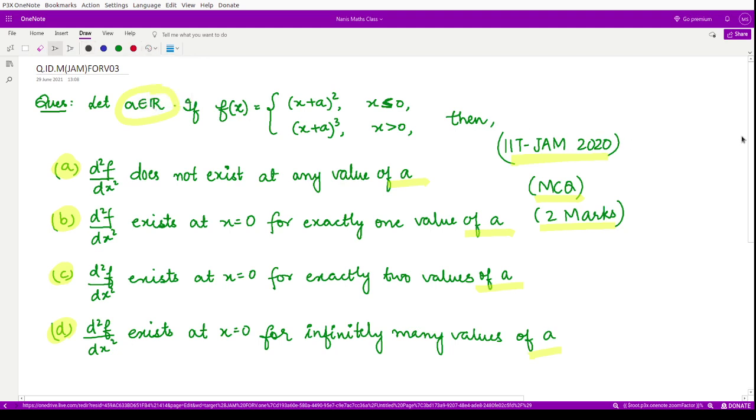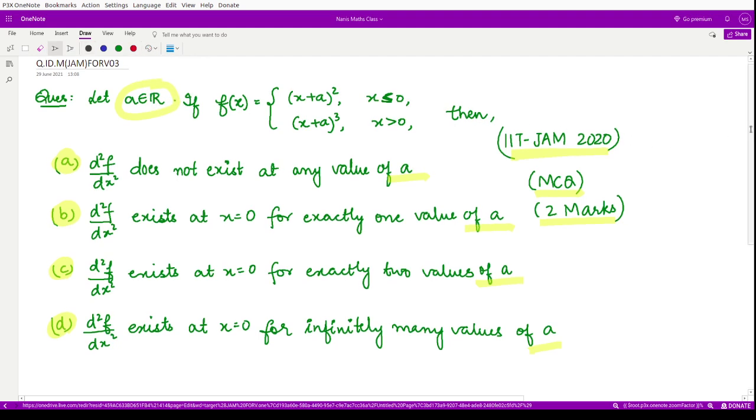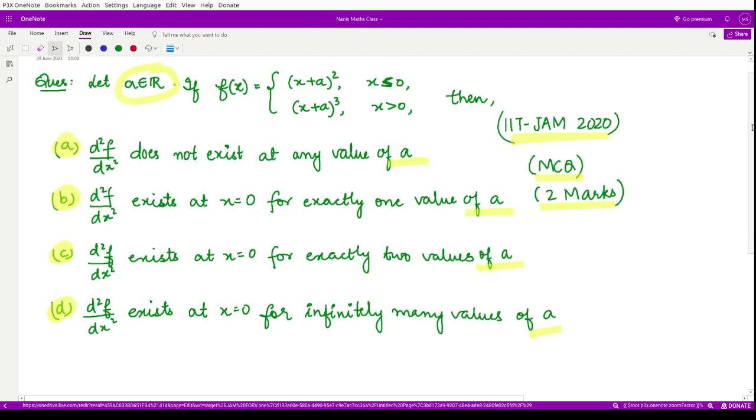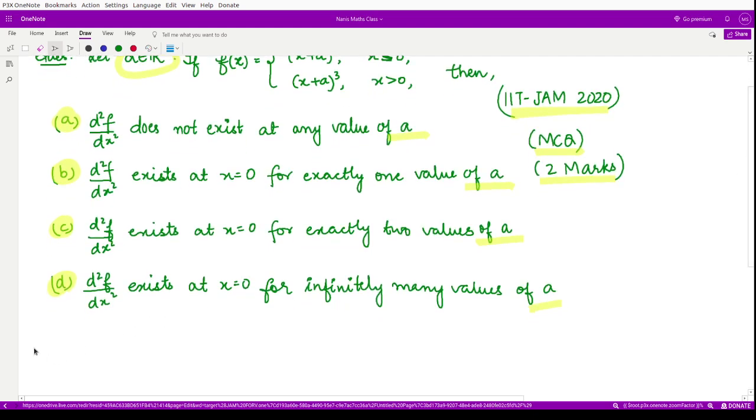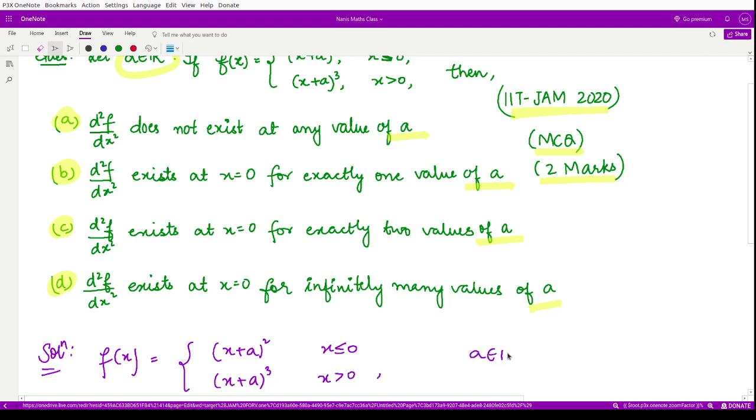Okay, so let us proceed with calculating the first derivative first. Let me write down the function once more. Our function f of x is defined to be (x plus a) whole square whenever x is less than or equal to 0, and it is (x plus a) whole cube whenever x is greater than 0, and a here is any real number.